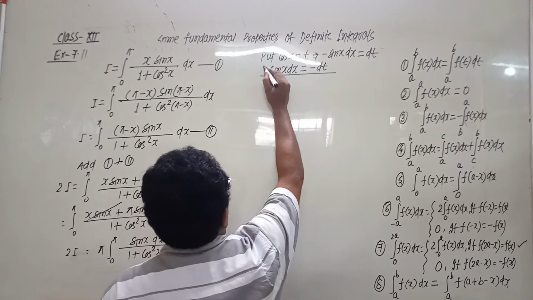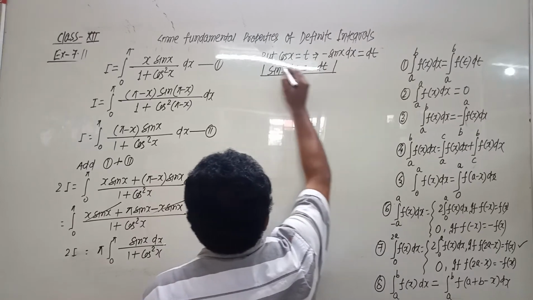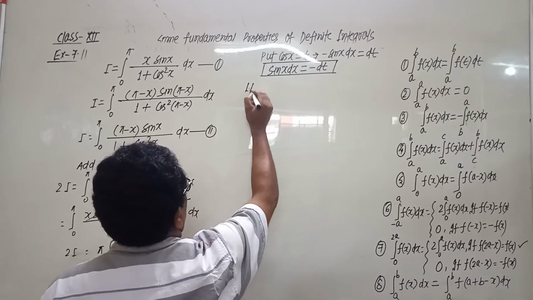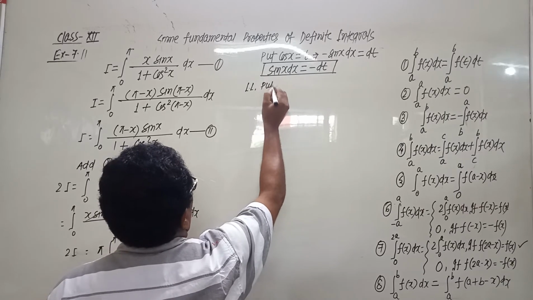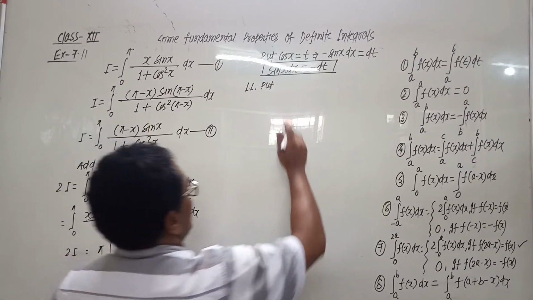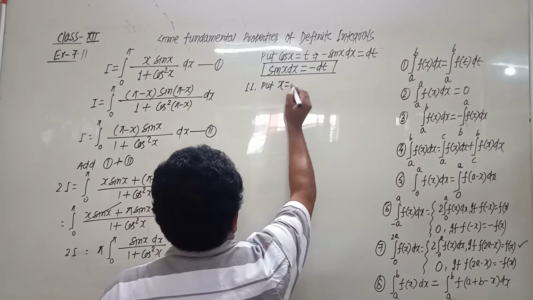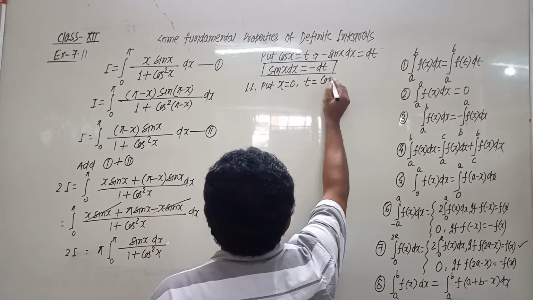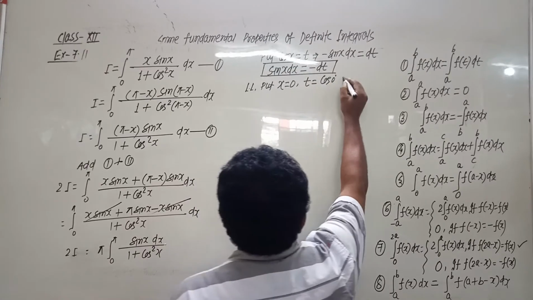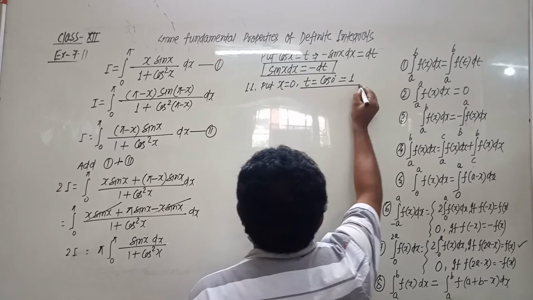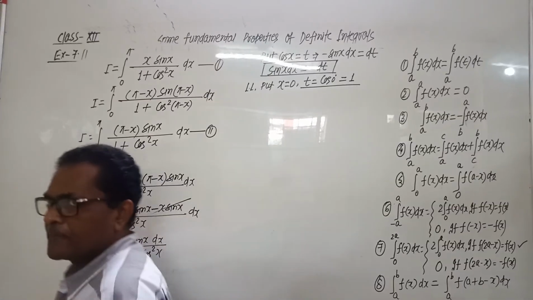And then we will have to change the limit. For lower limit, put x equals to 0. Then we get t equals to cos 0 degree, and the value of cos 0 degree is 1. So we get the lower limit as 1.